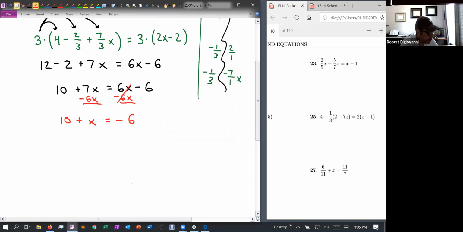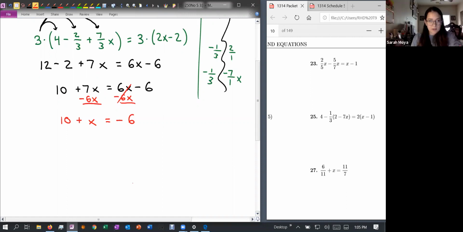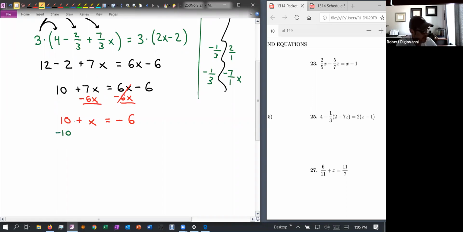What next? Subtract 10 on the other side. Yep, so we still want to get that x by itself, so we have to get rid of the positive 10 over there. So we have to subtract 10 on both sides. That leaves us with x on the left, and on the right, negative 16.